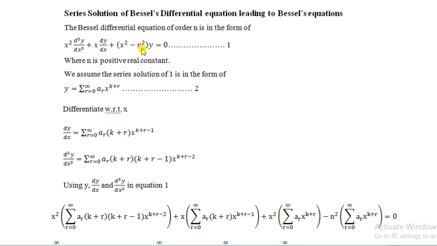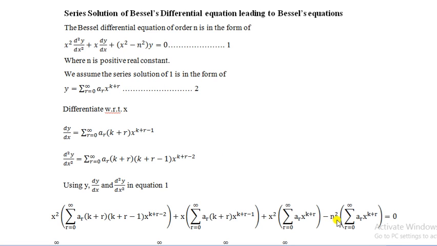So one is x square y, another one is n square y. For x square y we are using the second equation, that is x square into summation of y, where y is ar x raised to k plus r, and the next term is minus n square into y.